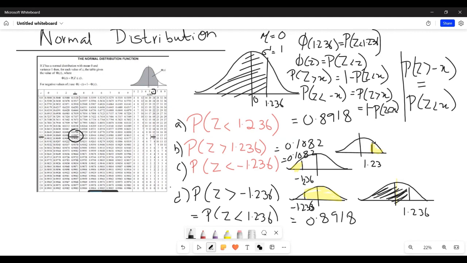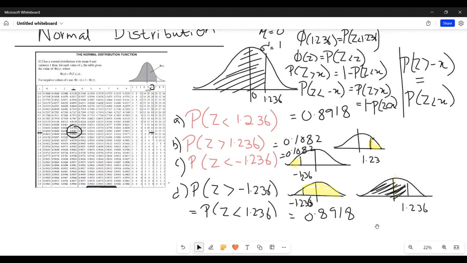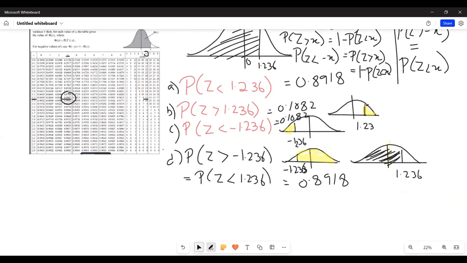Now let's look at the case where, part E, probability z is between two values. Let's say we have 0.1 here and we have, let's say, 0.911 here.